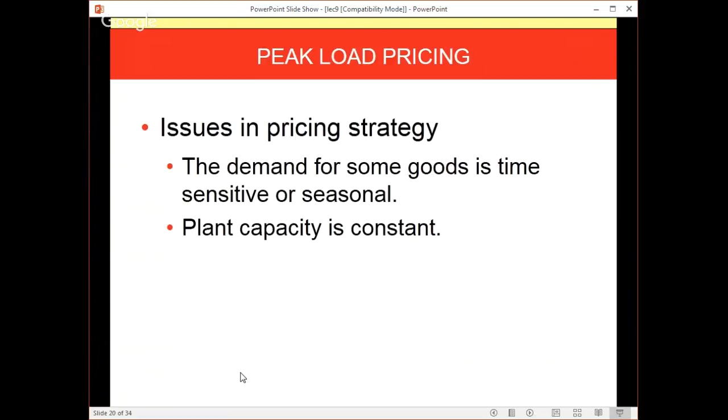Issues in pricing strategy. The demand for some goods is time sensitive or seasonal, and sometimes plant capacity is constant. We can think of electricity generation, or traffic.